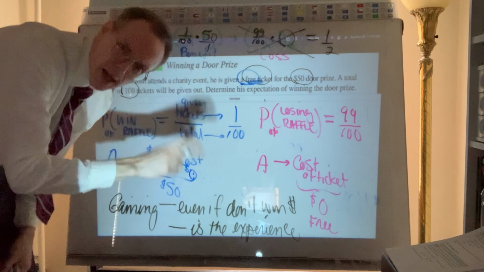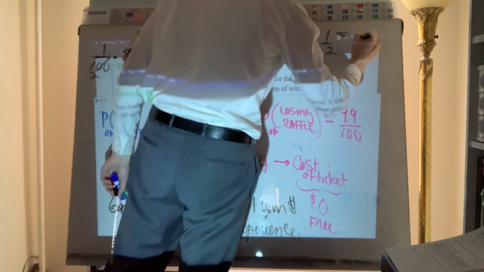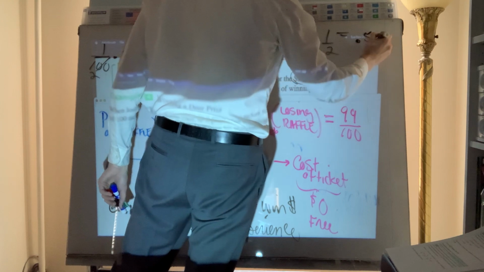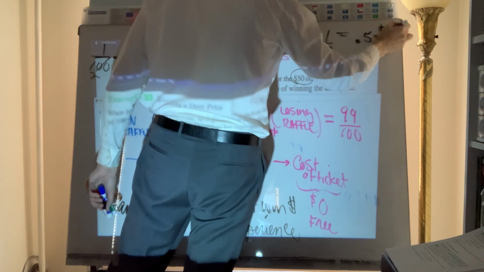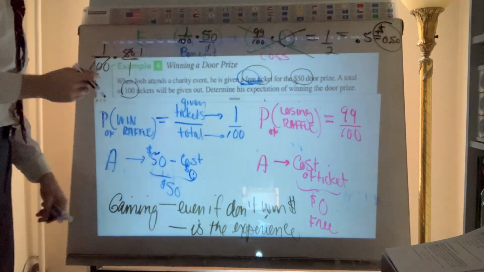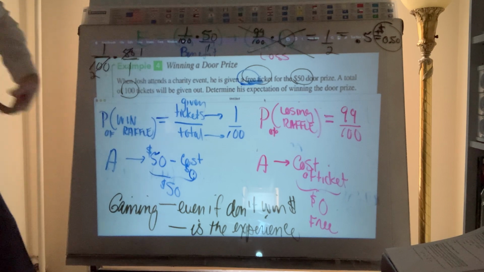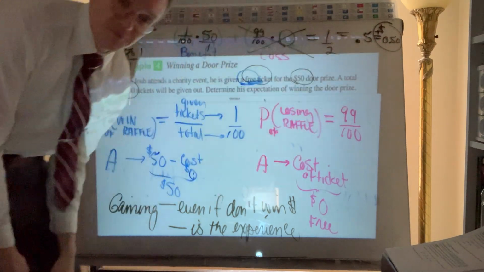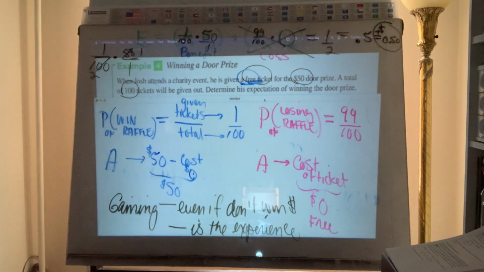In terms of money, though, what's a half? 0.5. So you could write it in the style of money, 0.50, 50 cents. The person did not lose anything, but in theory they've gained 50 cents worth of experience, if you will, even if they don't win the prize.